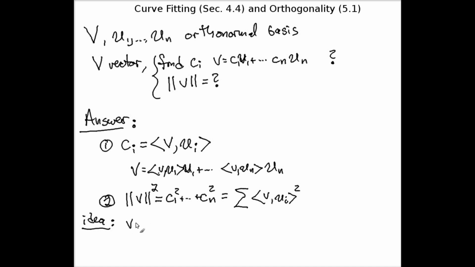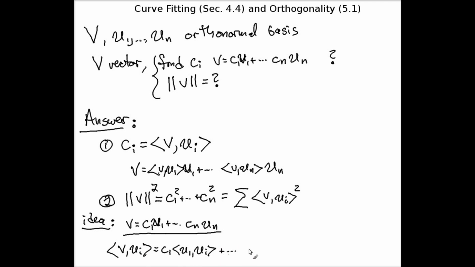Well, if V is C1 U1 plus dot dot dot CN UN, we know that V can be written as some linear combination of the UIs. And once you've done that, if you take the inner product with UI, what you get is C1 U1 UI plus dot dot dot. And all of these terms are zero except when you get to UI UI.